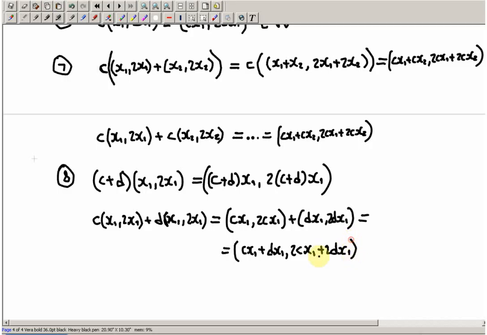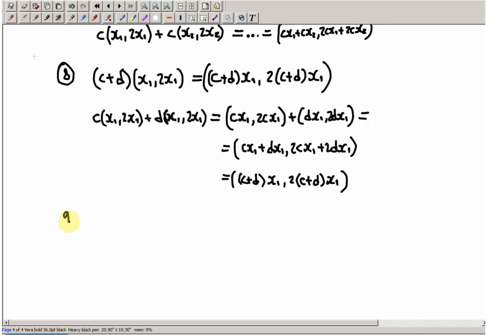So at this point you can see it's the same as this one here. You can collect the x1s here, factor x1 to get c plus d times x1, and then you can collect the c in the 2x1 to get the c plus d there. Okay, that's property number 8.